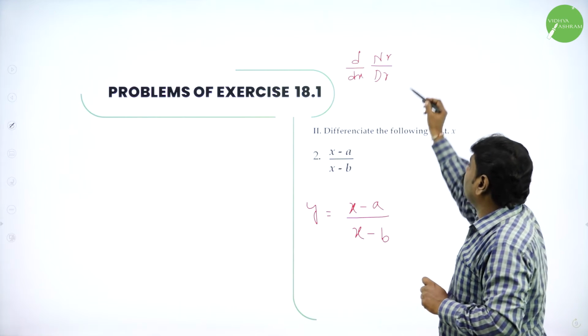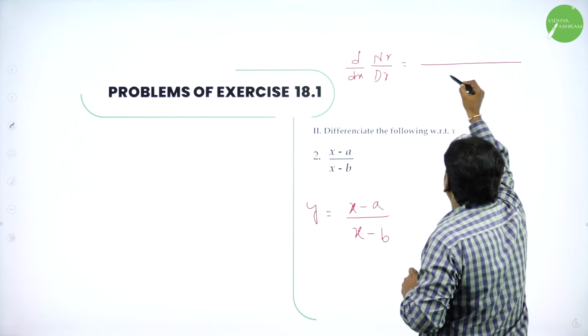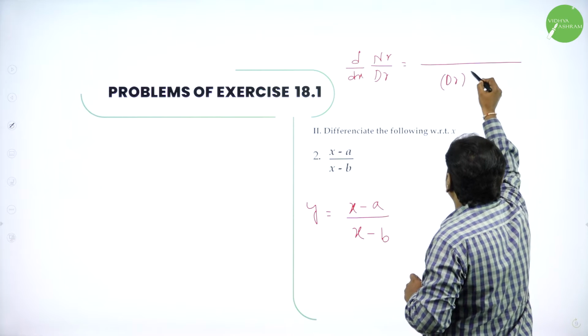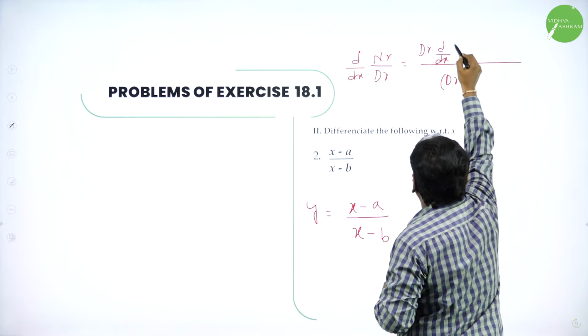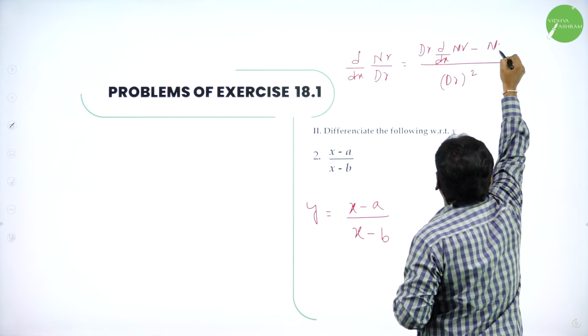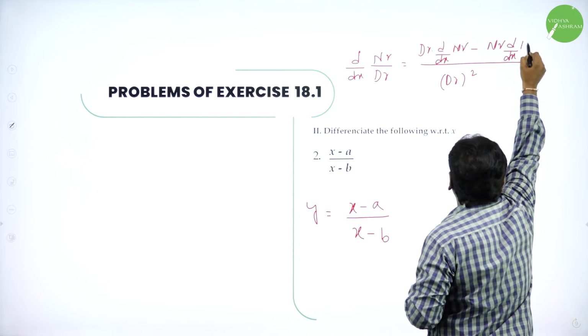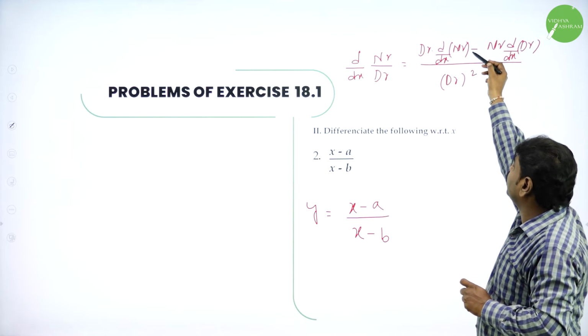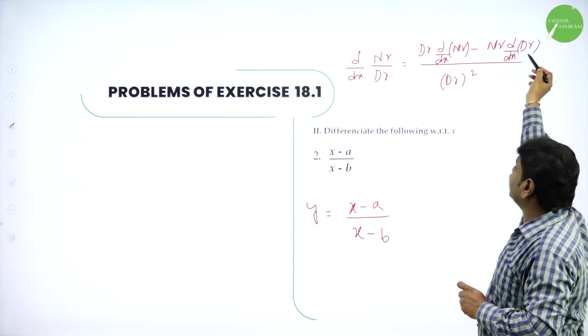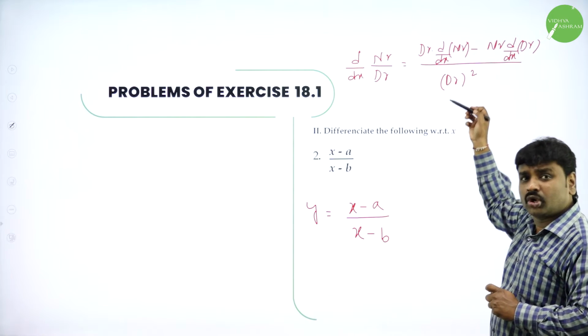Quotient rule. What is quotient rule? In the denominator, denominator the whole square. In the numerator, denominator into derivative of numerator minus numerator into derivative of denominator.